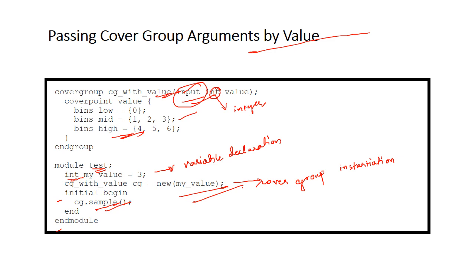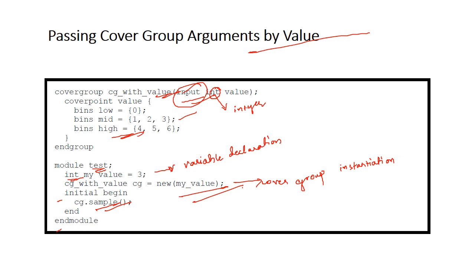Here you can see a cover group with the name cg_with_value, which represents the cover group name. This defines a cover group with that particular name. Here we have a keyword used, input.